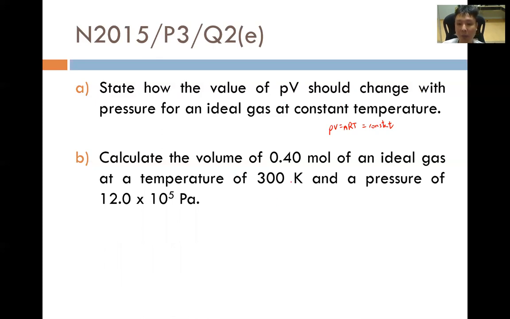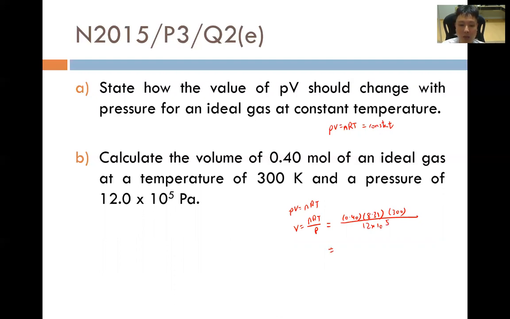Calculate the volume of 0.4 moles of an ideal gas at a temperature of 300 Kelvin and a pressure of 12 times 10 to the power of 5 Pascal. So again, just go back to PV equals nRT. Rearrange the equation to get volume equals nRT over P. The n is 0.4 as given here, the R is 8.31, the temperature is 300, and the pressure is 12 times 10 to the power of 5.